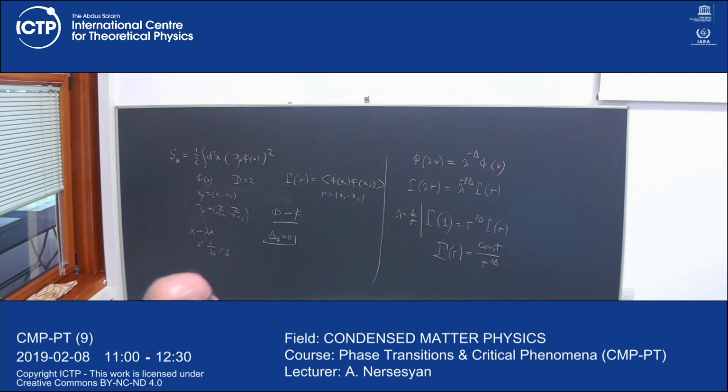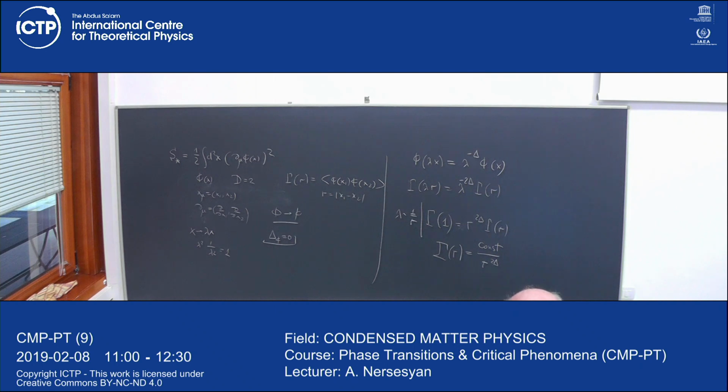Now the question is, what happens, like here, when delta goes to 0? When something goes to 0, you don't know the answer. The natural reaction of any consistent scientist would be, let me imagine a situation when this dimension is a continuous parameter, can be varied continuously, and becomes infinitesimally small, but still finite. So let me follow the way it goes to 0.